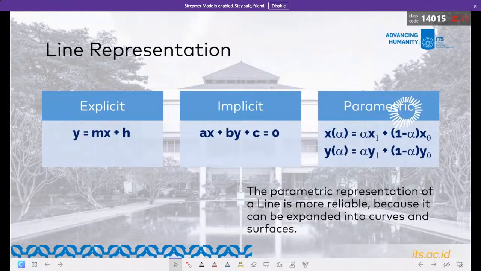The parametric representation of a line is more reliable because it can be expanded into curves and surfaces. If the case is just something like this and it's going to be linear, the representation of the object will be just a matter of a linear line. It's a stroke. In bahasa, it's simply a garis lurus.